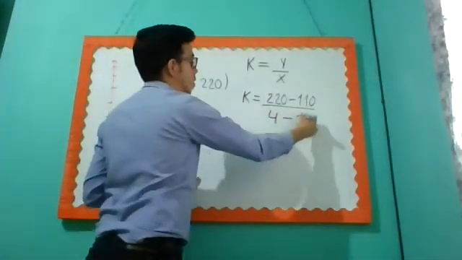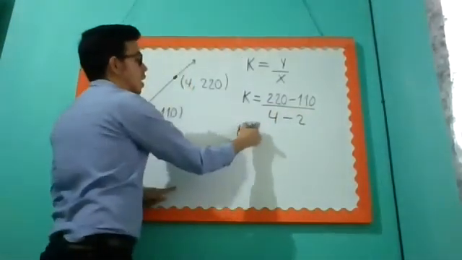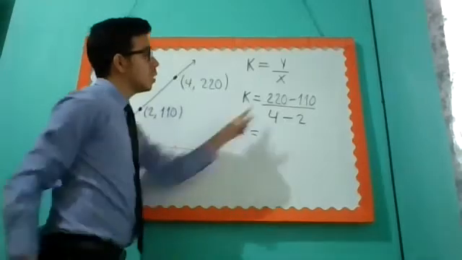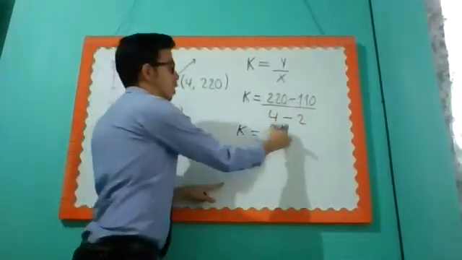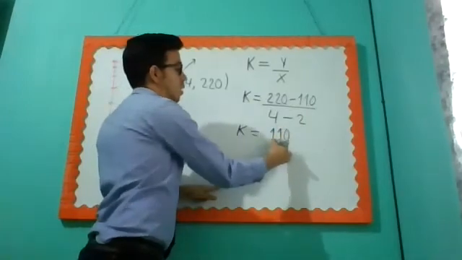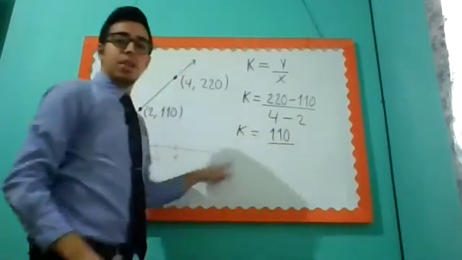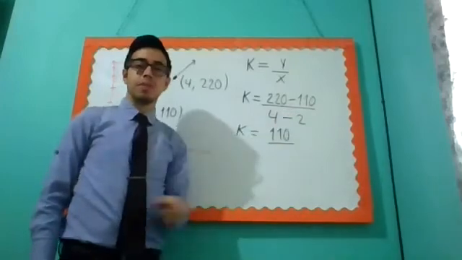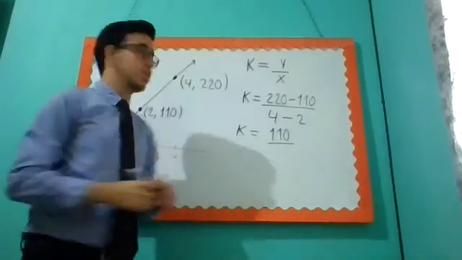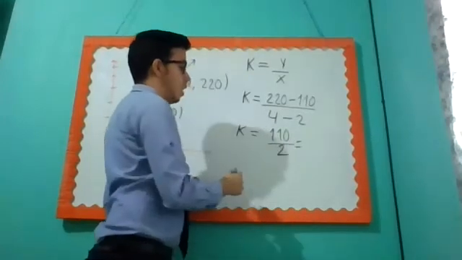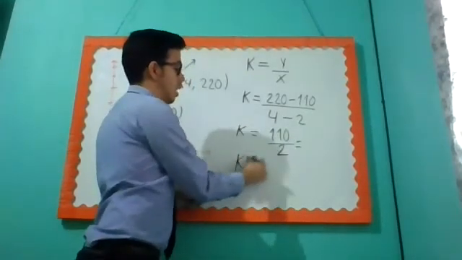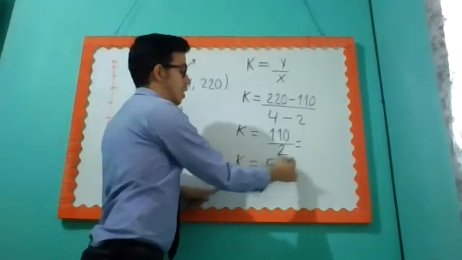So in k, what are you going to obtain? 220 minus 110 is 110. This is divided by 4 minus 2, that is 2. So you obtain that the slope is 55.